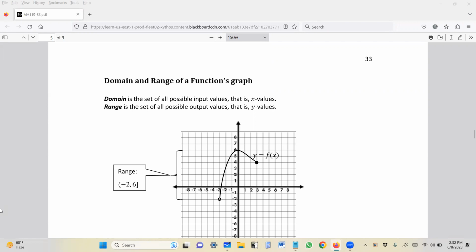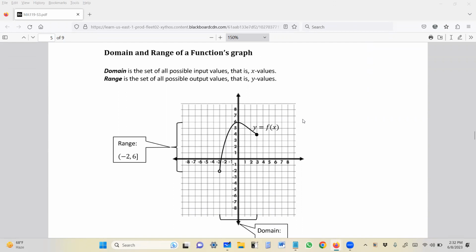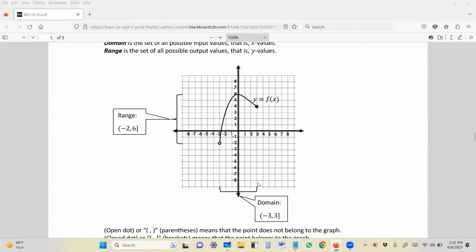So the very first thing that we have to look at is when we are given the graph of a function, just as this one, and we know this is a function because in our minds we can pass the vertical line through the function, and the vertical line is going to intercept this graph in only one x location. So our goal is to find the domain and range of the function.